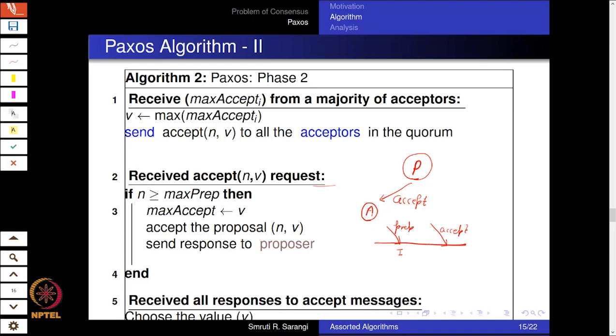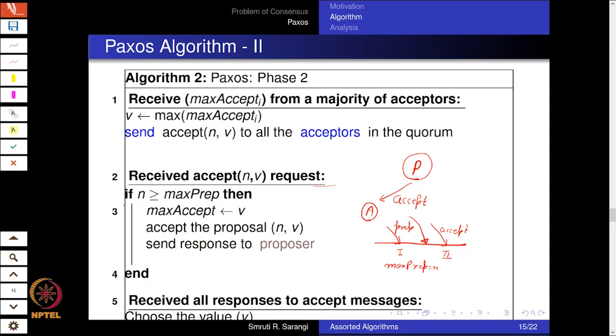In the middle, if there are no higher numbered prepare messages, then we set max prep equal to n, and max prep maintains its value till the accept point. So in phase 2, we might very well find that max prep is equal to n. It might be larger also. If it's larger, what does it mean? It means that another prepare message came with a higher numbered proposal. So in this case, of course, phase 2 fails.